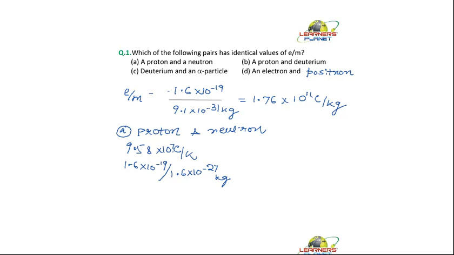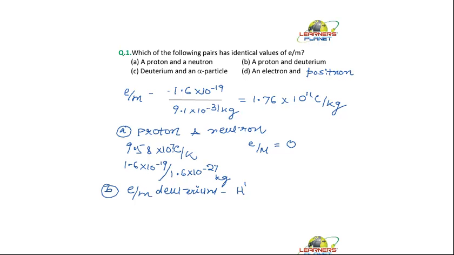Right? Now, neutron, does it have any charge, students? No. So e by m of neutron is equal to 0. So they are not identical. If I take the second one, the specific charge on deuterium, proton we already know. So let's talk of the specific charge, or e by m, on deuterium. Now we know that deuterium is an isotope of hydrogen.